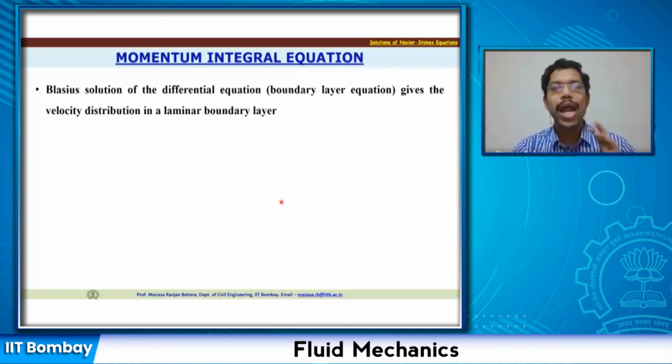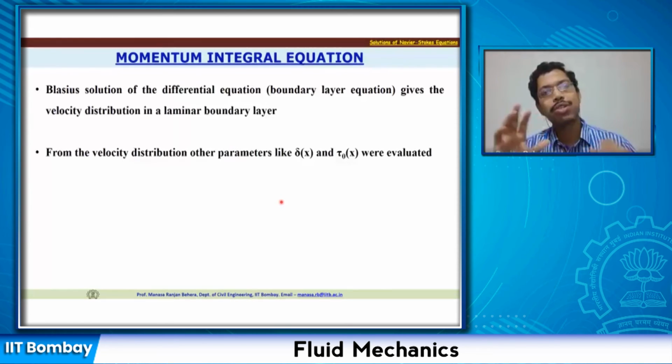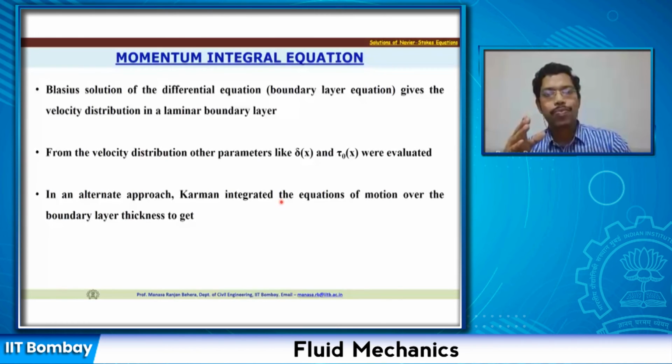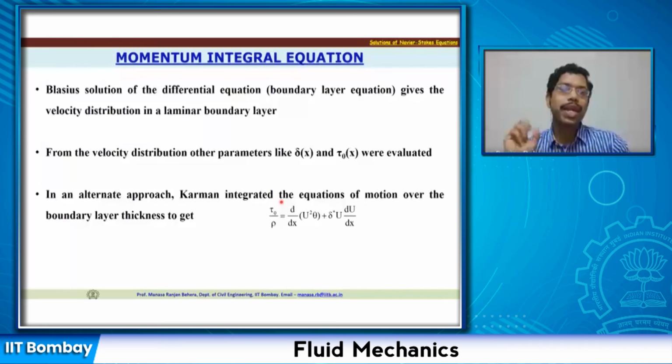Okay, and from the velocity distributions we know that the parameters like delta x, or boundary layer thickness at a distance x, as well as the shear stress at some distance x, can be evaluated, and we can also find out the drag force on a plate. Okay, so in an alternative approach, von Karman integrated the equations of motion over the boundary layer thickness to get some expression like this.